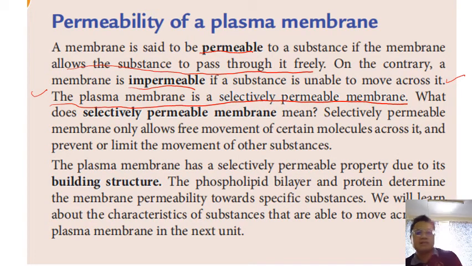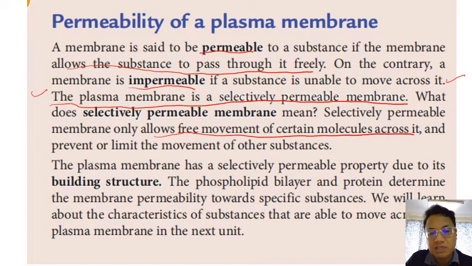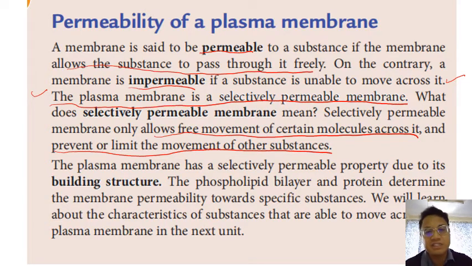What does selectively permeable mean? It means the membrane only allows certain molecules to pass across it. At the same time, it prevents or limits the movement of other substances, which means it chooses which substance can pass through and which cannot. That is what selectively permeable means.